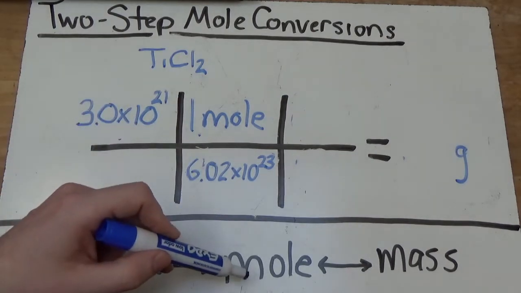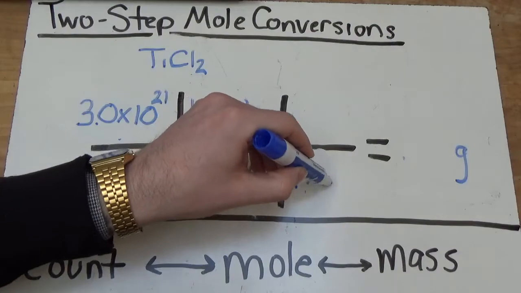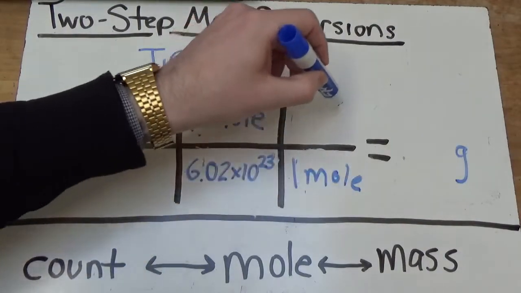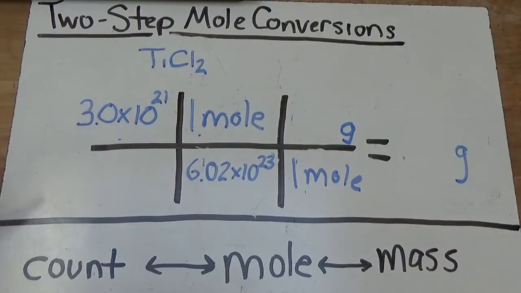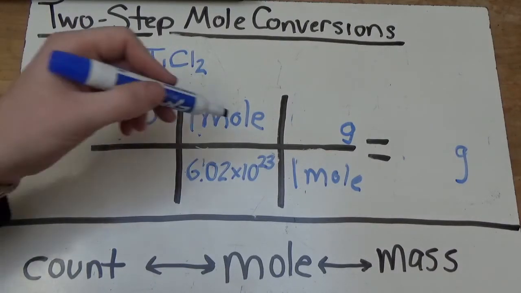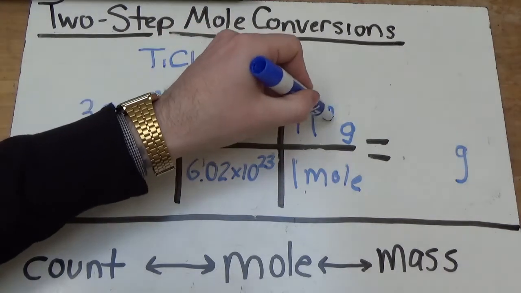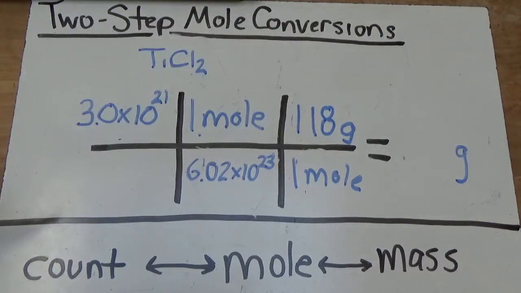In order to cancel mole, I'm going to have to put it at the bottom of my next fraction, and then have up here the mass of 1 mole of titanium II chloride. With a little bit of rounding, that mass is 118 grams.